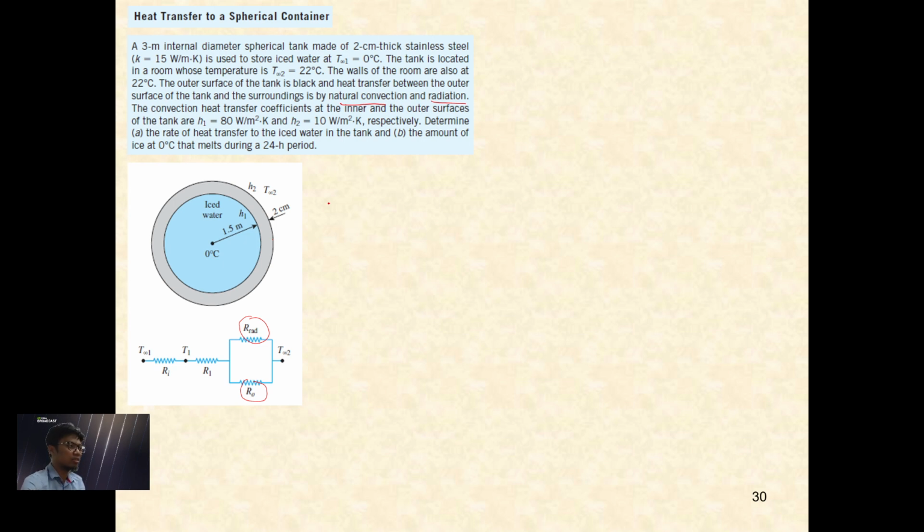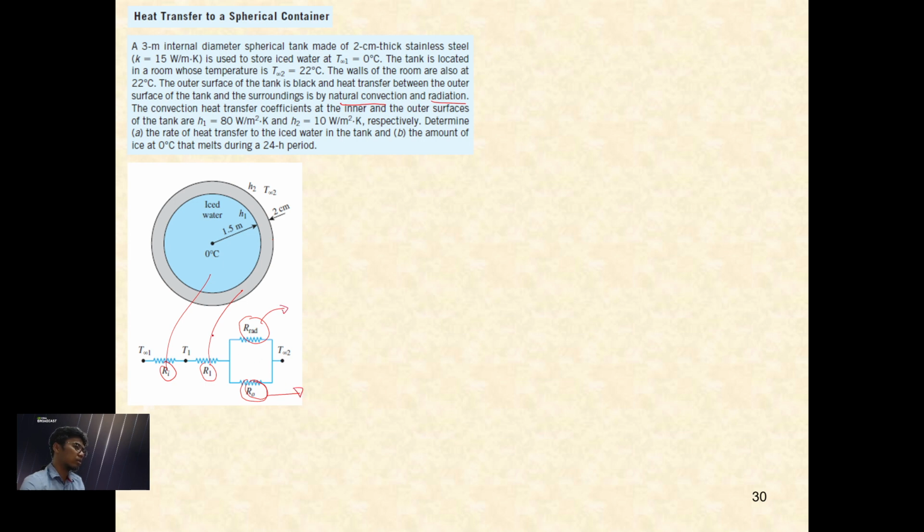What do I mean by series? For example, this is the resistance for the inner side, this is the resistance for your pipe here or spherical, this is your convection at the outside, and this is radiation at the outside.